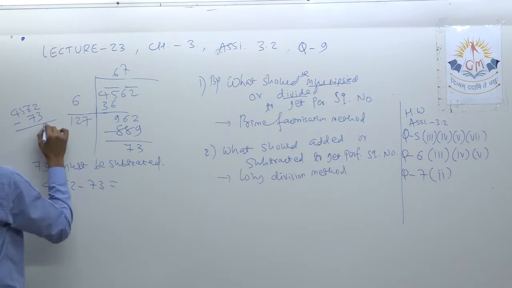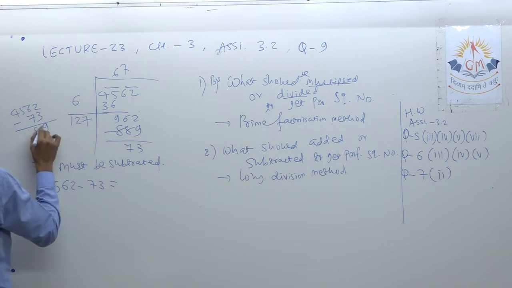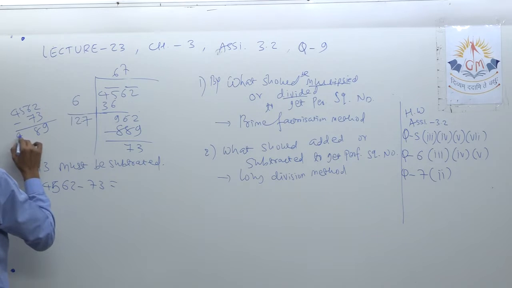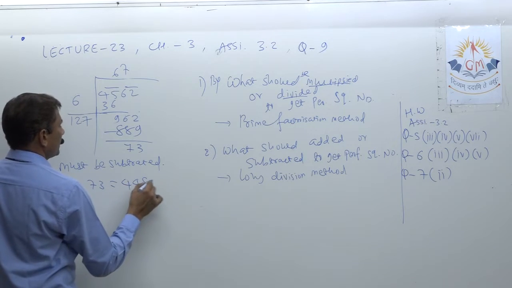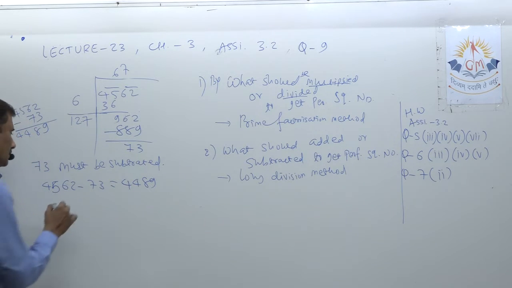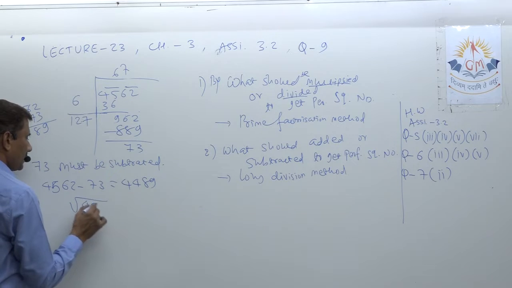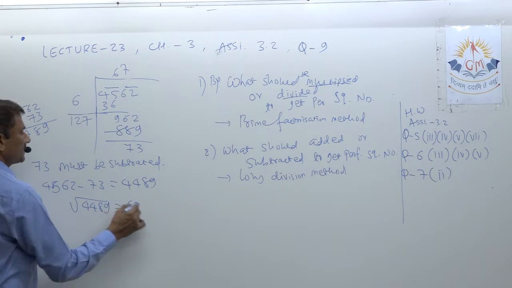So 12 minus 3, 9. 15 minus 7, 8. 4, 4, 8, 9 will be there. So it's equal to 4489. Okay. So now you can write the square root of 4489 will be 67.